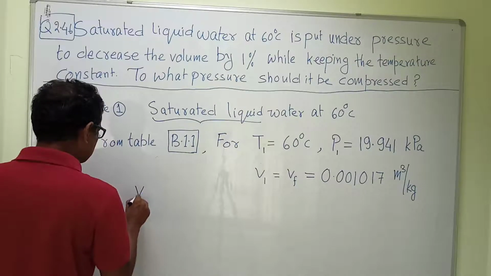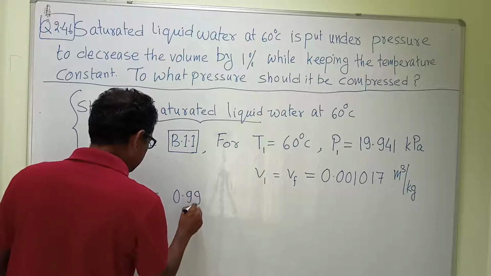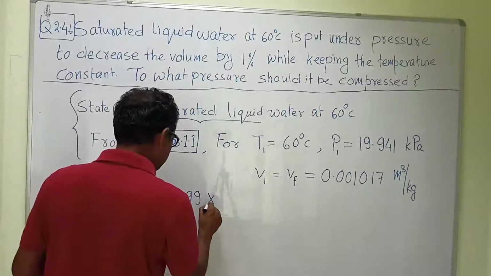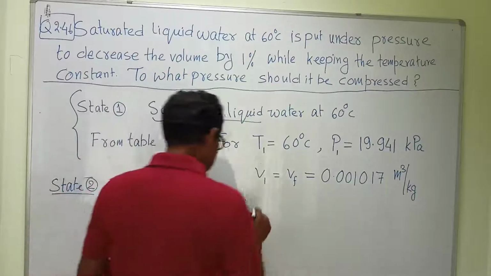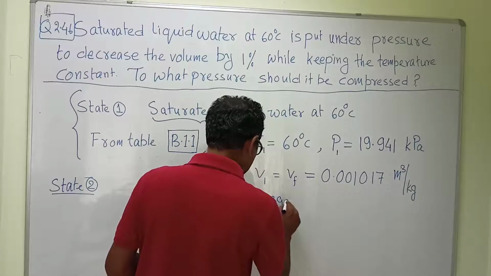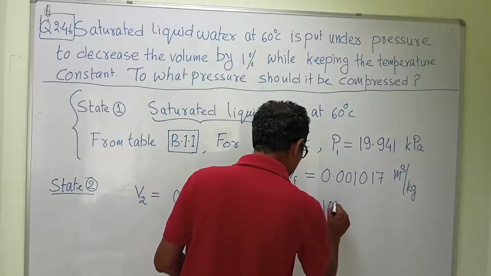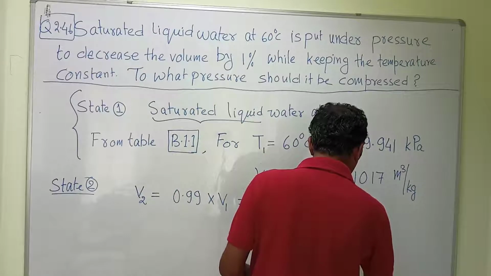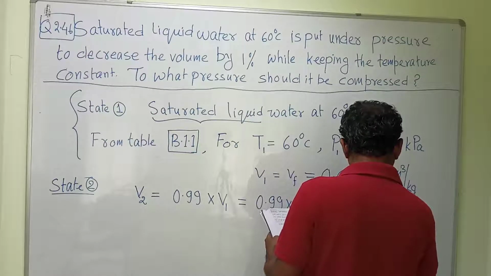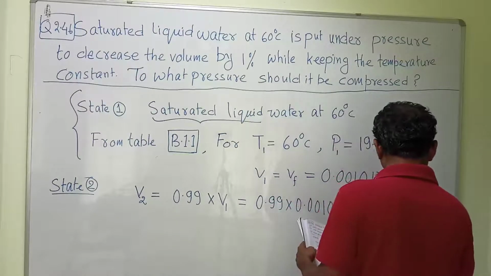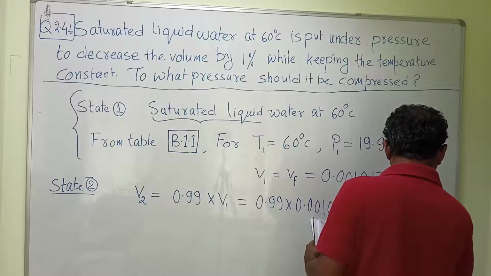So V2 is equal to 0.99, since 1% decrease means 0.99 times V1, which gives 0.99 multiplied by 0.001017, which is equal to 0.00100683 meter cube per kg.